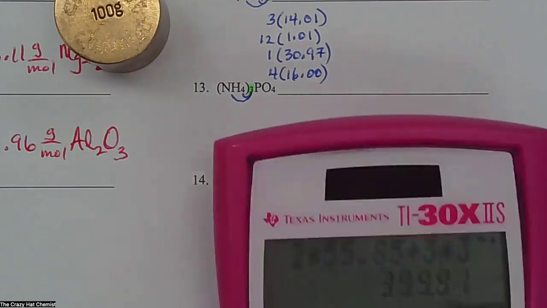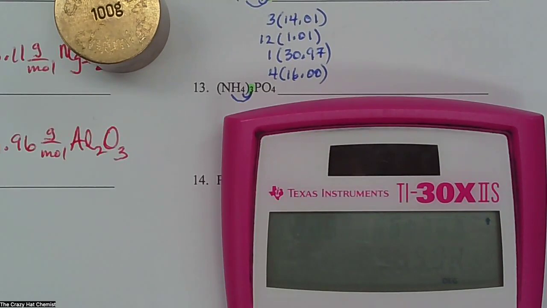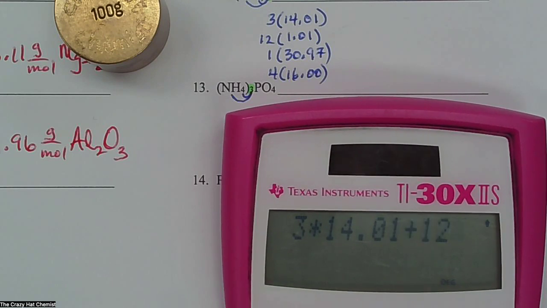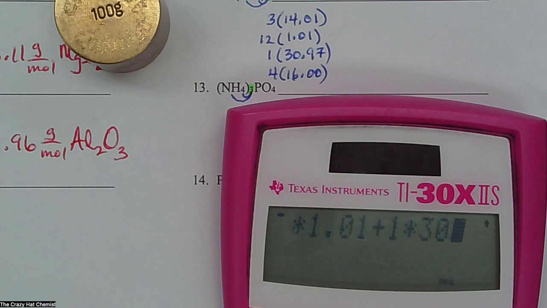All right, so let's see if we can key this into our calculator here. And we've got 3 times 14.01 plus 12 times 1.01 plus 1 times 30.97 plus 4 times 16.00.